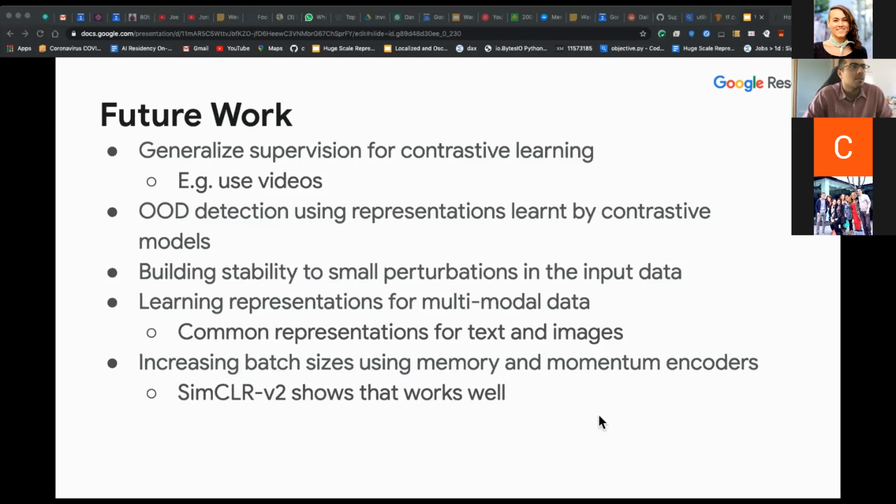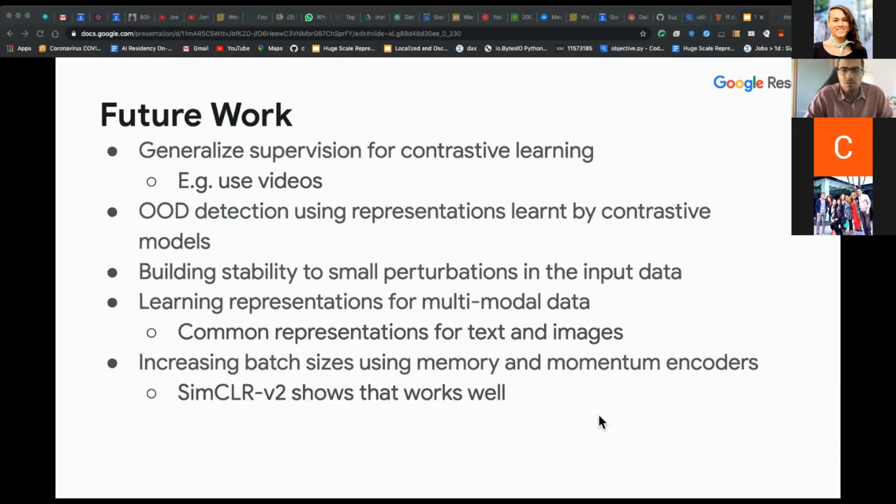And learning representations from multimodal data, which is learning similarity between text representations and images, text and videos, videos and speech. All sorts of combinations exist, and people have already started doing this. I saw a few papers coming up since this went up on arXiv. So I think it's very interesting.